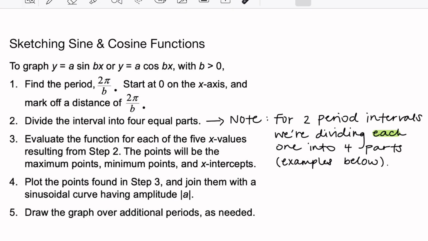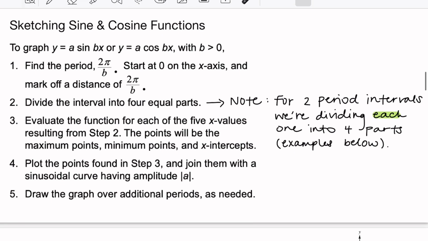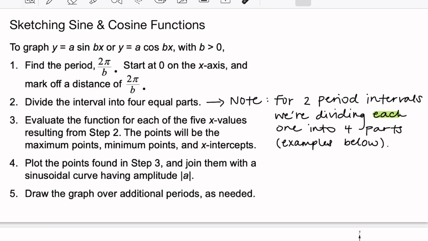Then we'll evaluate the function for each of these x values that we just found in step 2. This will give us the maximum, minimum, and x-intercepts. Then we'll plot these points, join them with a sinusoidal curve having amplitude a, and draw the graph over additional periods as indicated in the question.